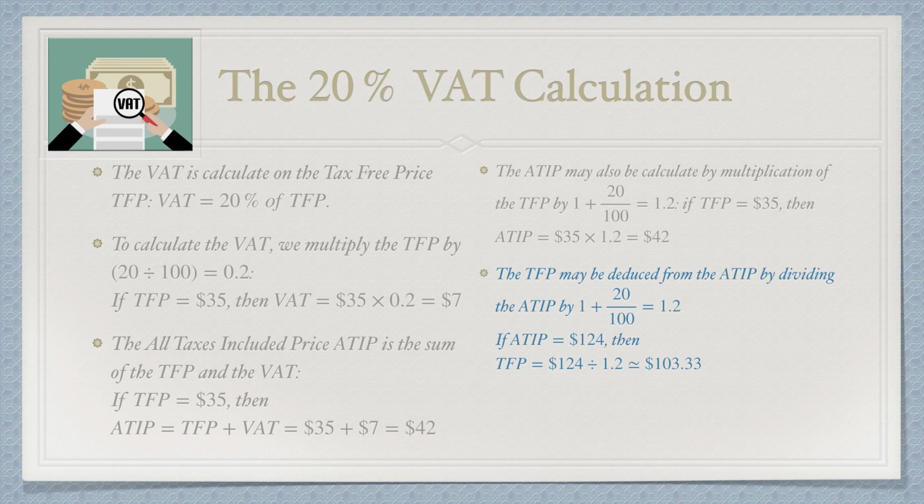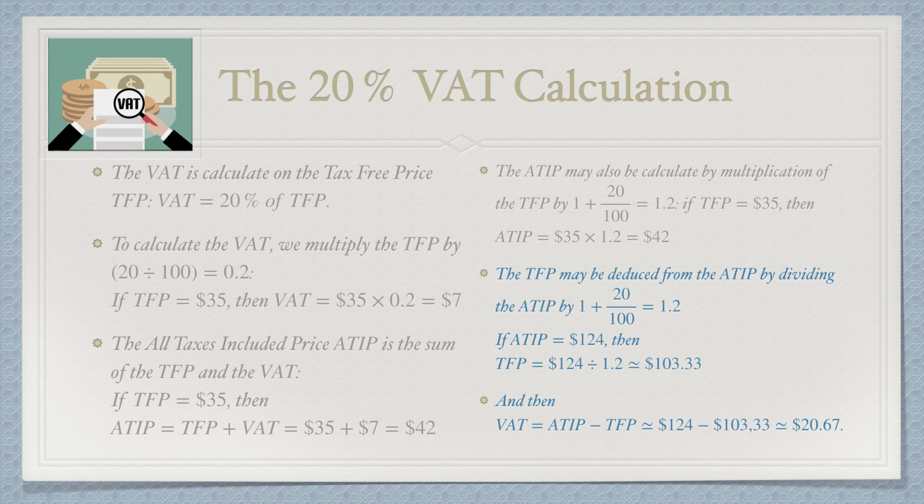Reversely, the tax-free price may be deduced from the ATIP by dividing the ATIP by 1 plus 20 over 100, that is 1.2. If ATIP is $124, then the TFP is $124 divided by 1.2, that is approximately $103.33.